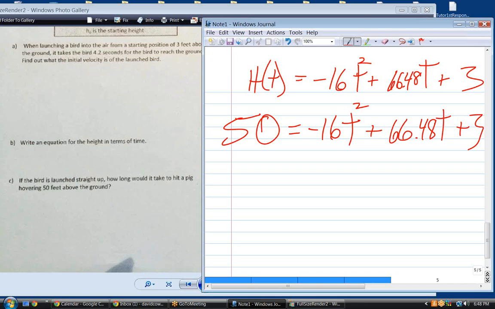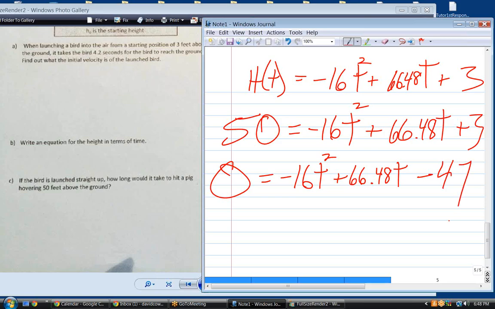You want me to do it on Wolfram Alpha? Do you know how to solve that equation? Again, I got to move the 50 to the other side. And solve that quadratic.